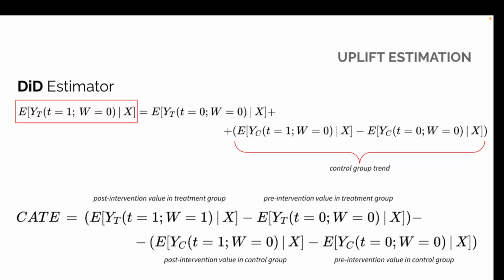So, long story short, the change that I observe after the intervention is due to multiple factors: the intervention, trend, and seasonality. Let's forget others. Just for simplicity, let's say that I have these three factors causing a change in a treatment group, right? Intervention, trend, and seasonality.